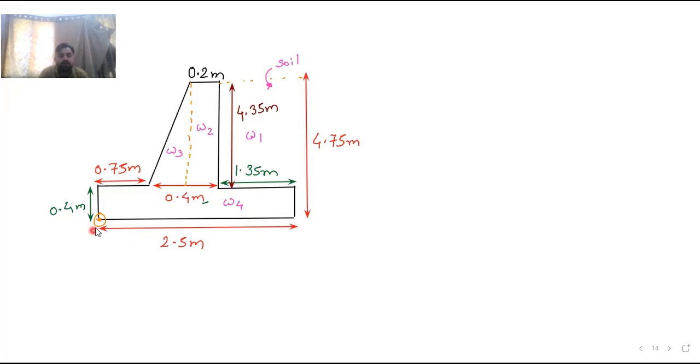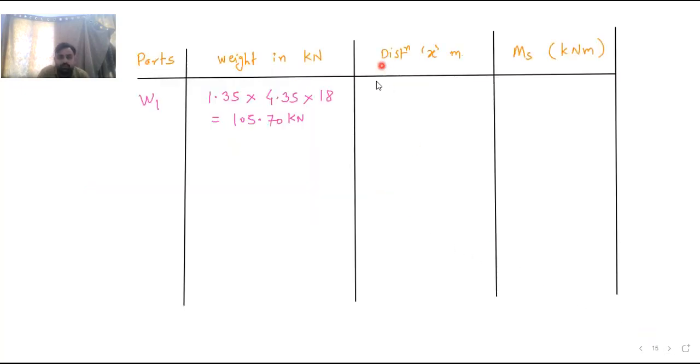So now its distance about this point will be 0.75 plus 0.4 plus 1.35 by 2. Calculate the distance now.